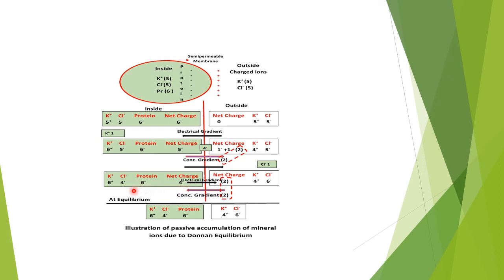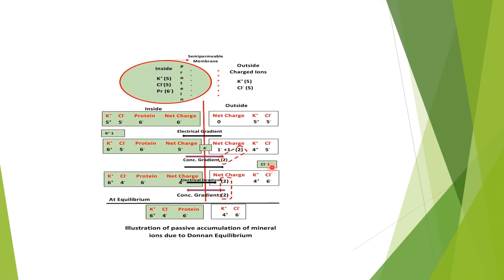We have here potassium 6, chloride 4, proteins can be 6 here, but what is the net charge here? Net charge is 4, and when the net charge is 4, there is a possibility that chloride ion can cross from this side to this side as per the electrical gradient.